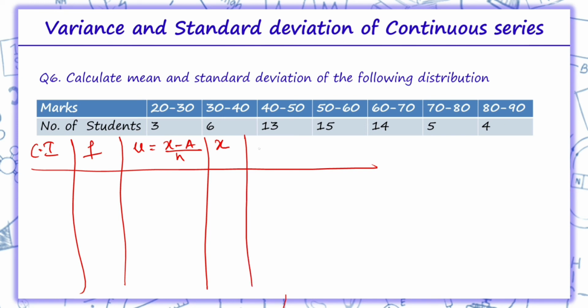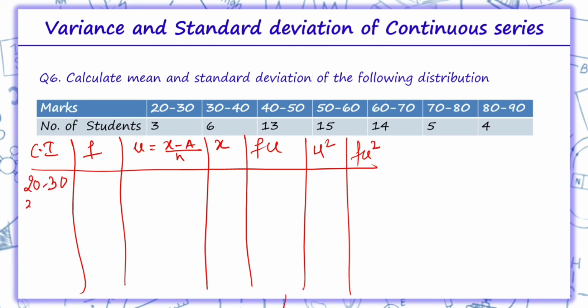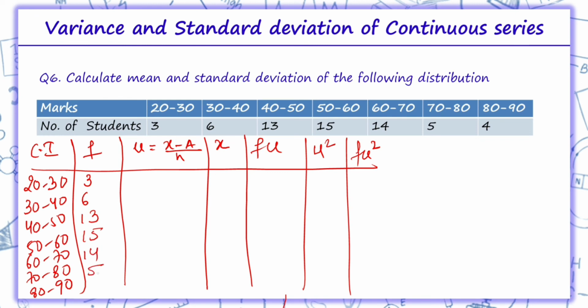Then after calculating x, we will calculate u, and then we'll calculate f into u, then u square, and then f into u square. So we are provided with class intervals 20 to 30, 30 to 40, 40 to 50, 50 to 60, 60 to 70, 70 to 80, and 80 to 90. Their frequencies are 3, 6, 13, 15, 14, 5, 4.